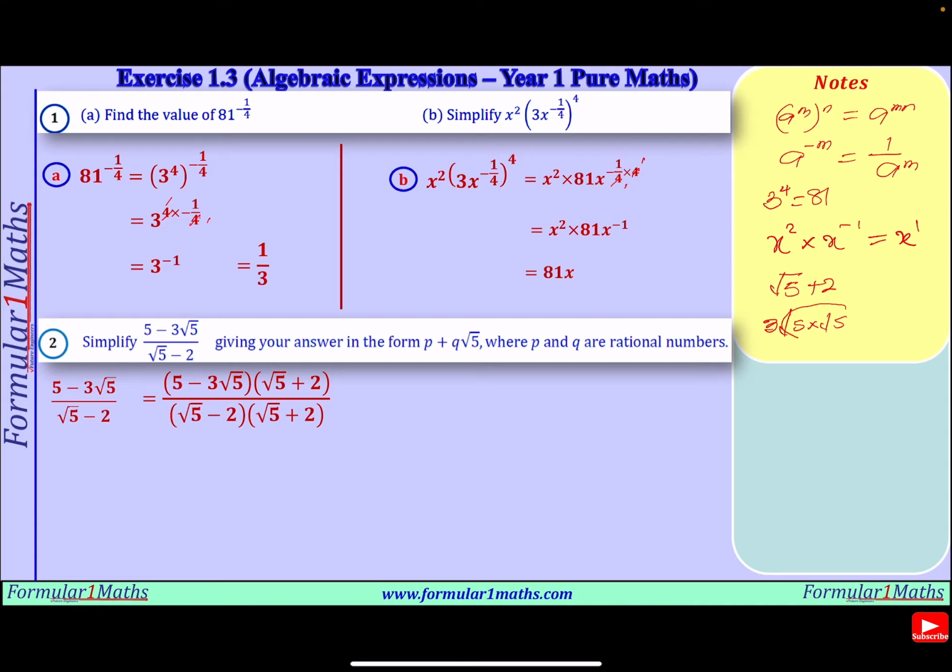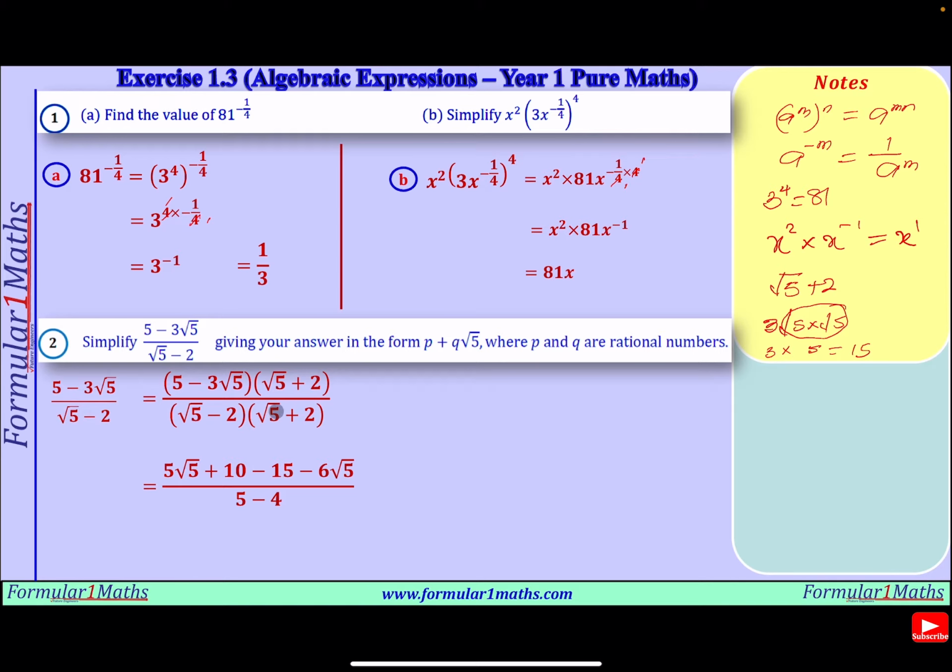These 2 here will give 5, and so the full answer will be 15. And then we multiply minus 3 root 5 by 2 to get 6 root 5. And so the numerator will be that.